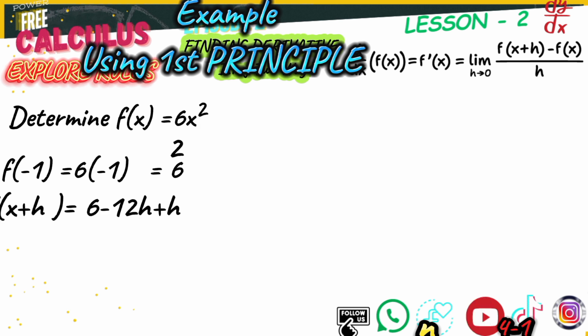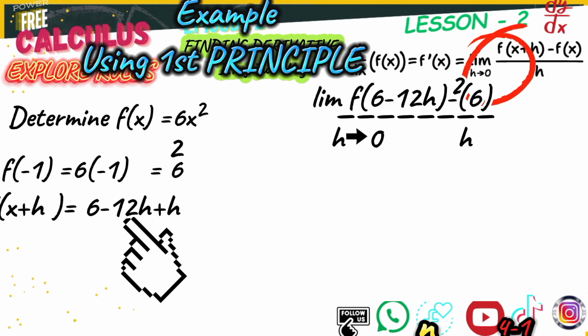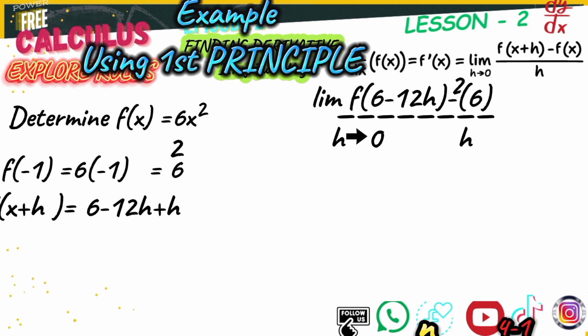Therefore, we'll have f at x plus h minus f at x over h, and then we substitute our f at x plus h, which will be our 6 minus 12h plus h squared, and then we substitute our f at x, which will be our -6 because of this negative sign here, and then we have our h. Don't forget, we have h as we are trying to find the limit as h tends to 0.